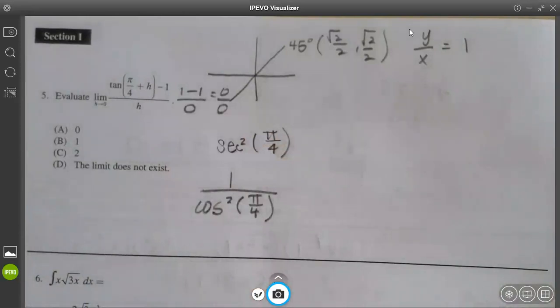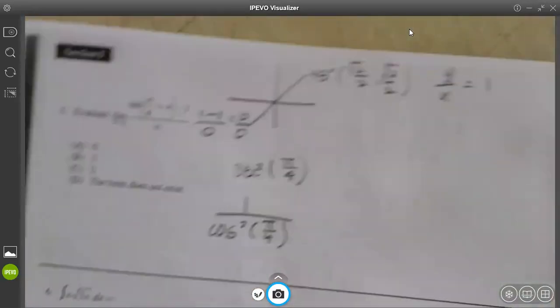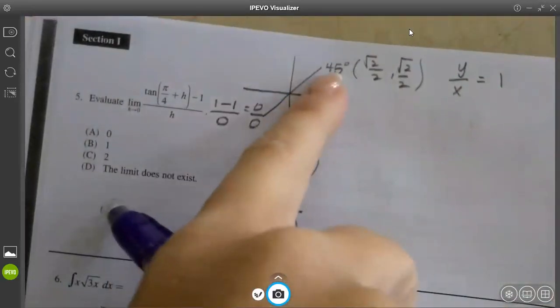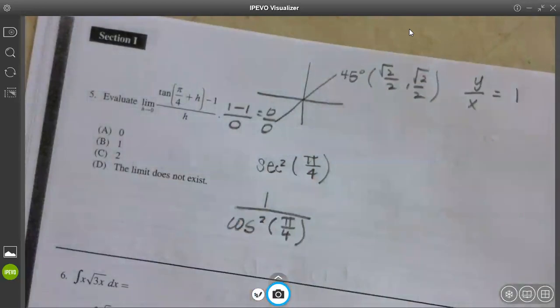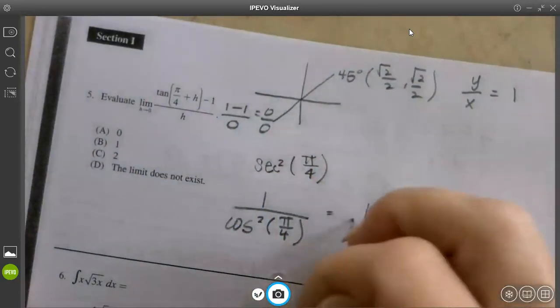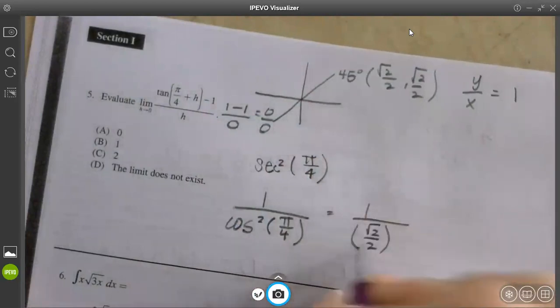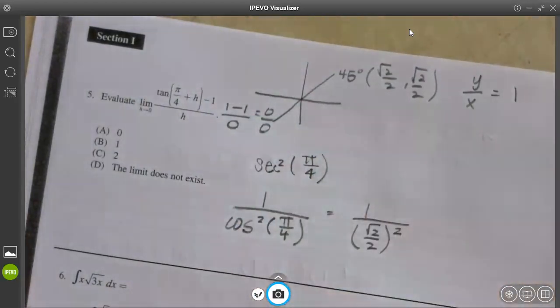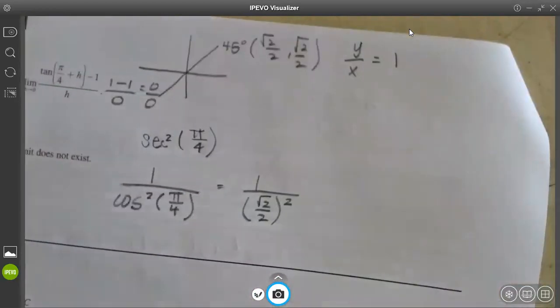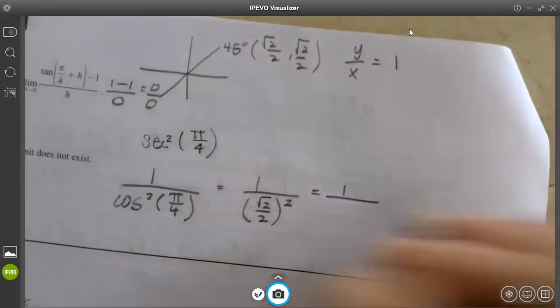So what is your x coordinate for pi over 4? We just did pi over 4 is 45. What's your x coordinate? So we get 1 over square root of 2 over 2. Don't forget your squared because it was cosine squared. Square both the top and the bottom.